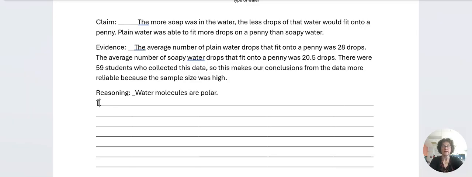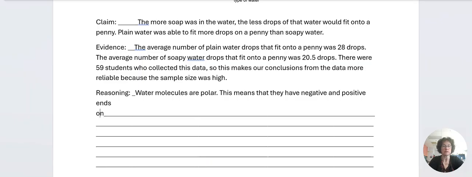And then I would say, this means that they have negative and positive ends on their H2O molecules.